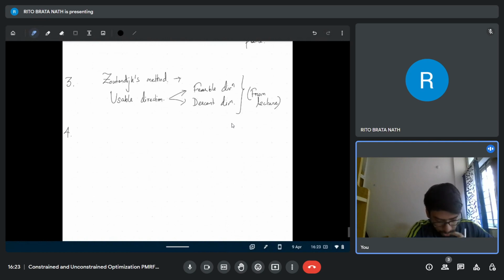The fourth problem: the exterior penalty method obtains a sequence of solutions by minimizing this. Which of the following is not true about the penalty parameter? Okay, I think you will be able to get it. It's again directly from the slides.